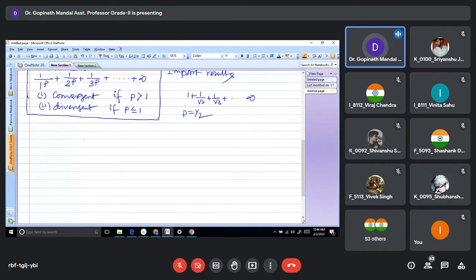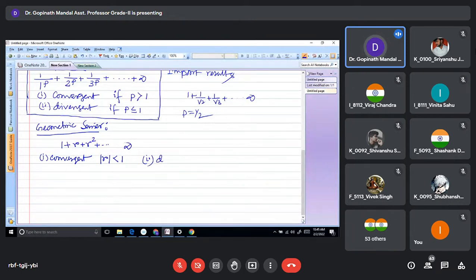Now, there is another result, for the geometric series. The series is 1 plus r plus r square up to infinity. This series is convergent when mod of r is less than 1.